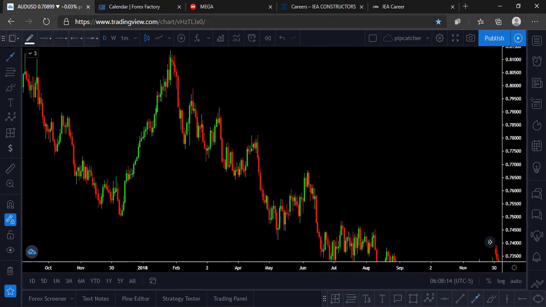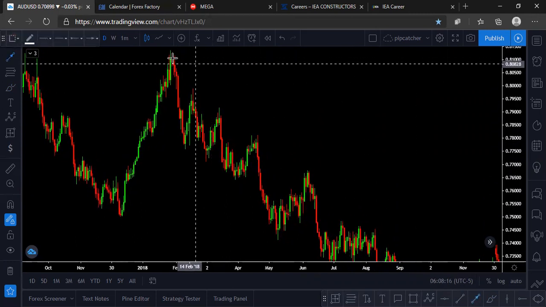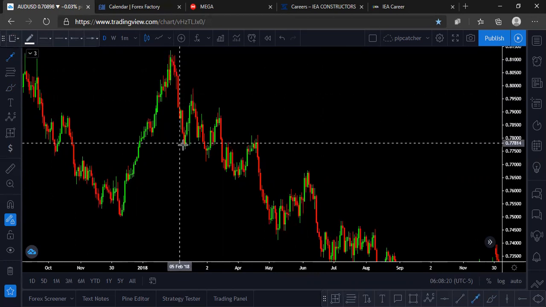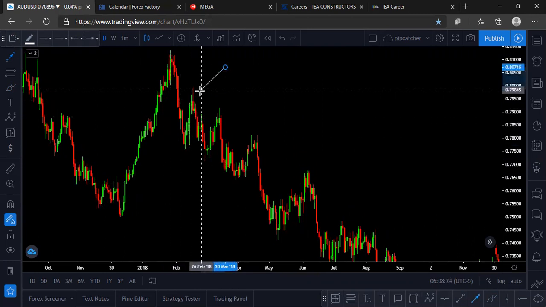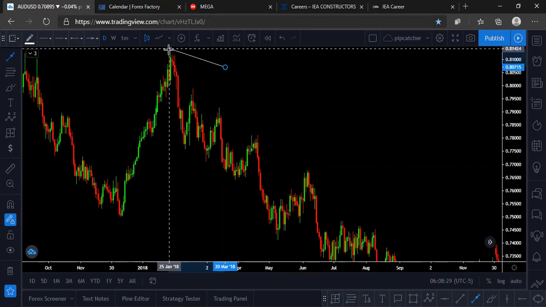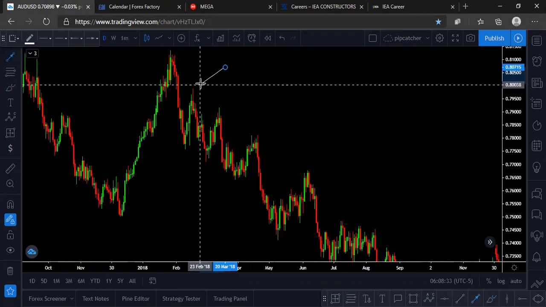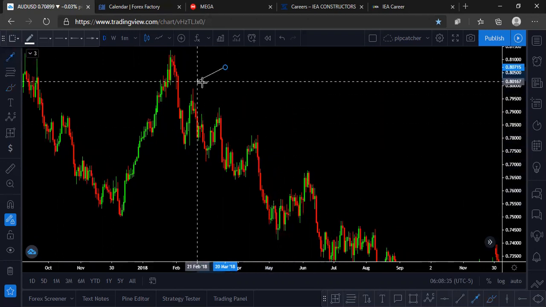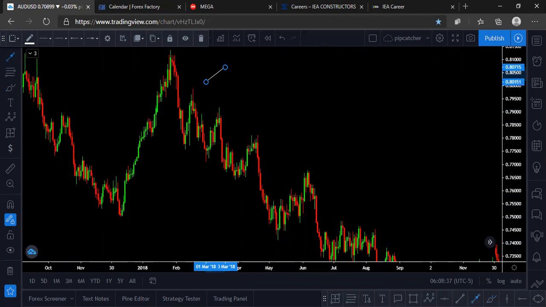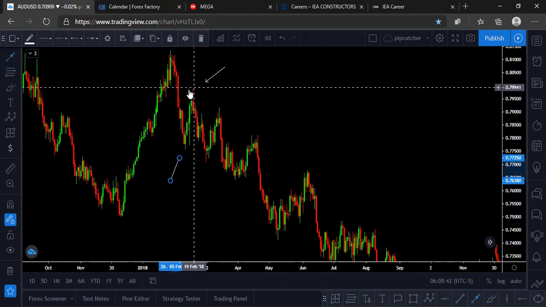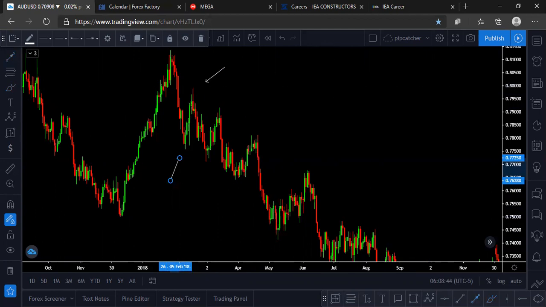So in this market that we see right here, we have a high point right here. The market trades down and we have a low. Now this area right here doesn't get back up higher than this area here. So we have a low point right here and then a high point here.